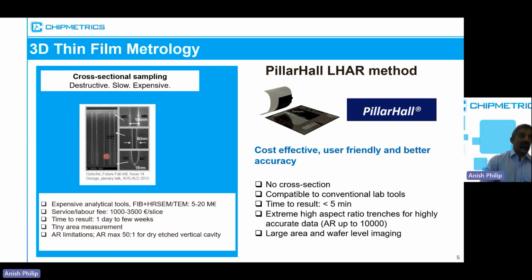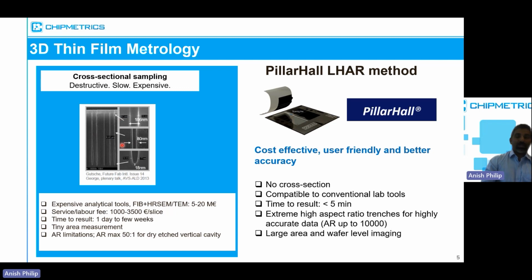The conventional way of 3D thin film metrology is using these vertical holes. And it has a lot of disadvantages. The main thing is you need a cross-section for the analysis. So when you do the cross-section, basically you are destroying your sample.